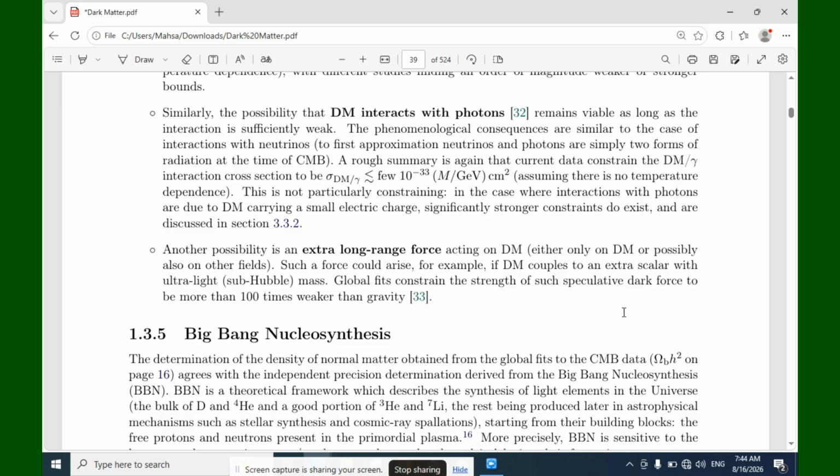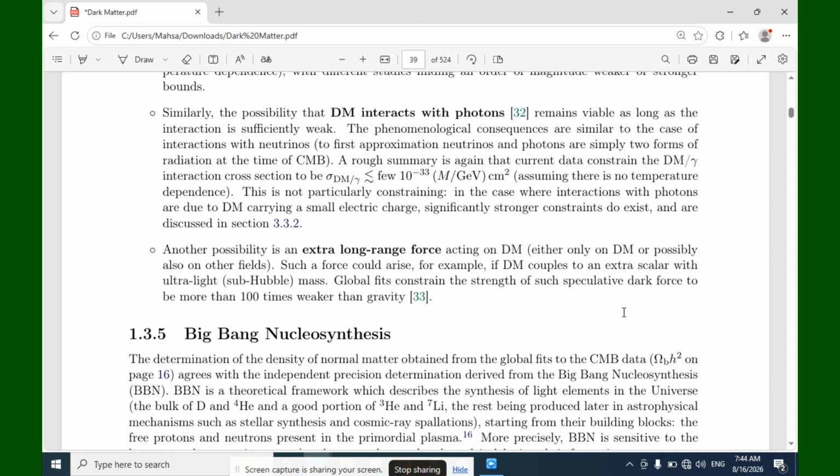A rough summary is that current data constrain the dark matter-photon interaction cross-section to be σ_DM-γ less than a few times 10^-33 (m_DM per GeV) square centimeter, assuming there is no temperature dependence.